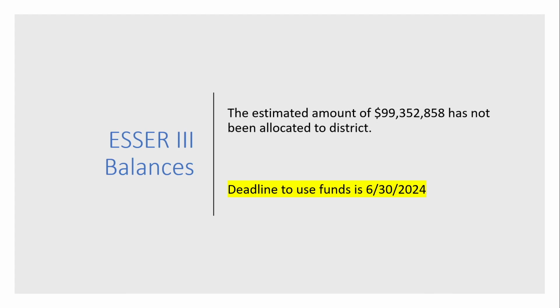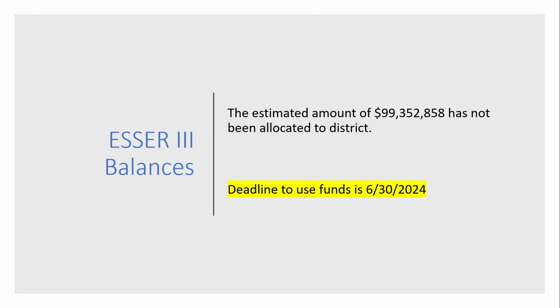For ESSER III, the estimated amount, and I still use the word estimated because they haven't given us a final allocation, is $99,352,858. And this has not been allocated to the district yet. Around August 15th, they are going to release the application for us.